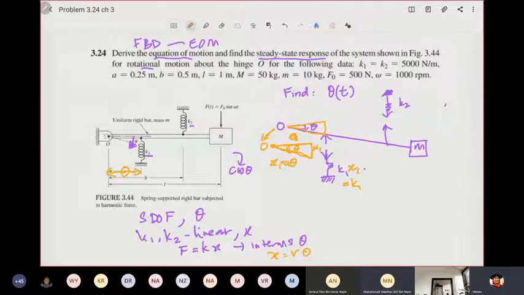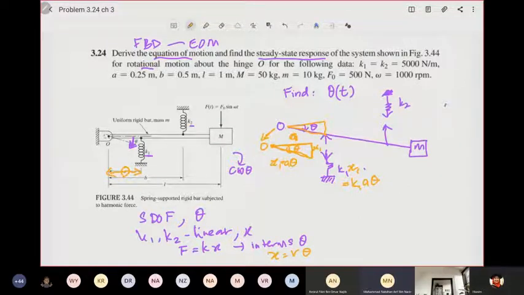Yes. So basically the spring will move transversely, vertically, but then we convert it into theta forms, in terms of theta.